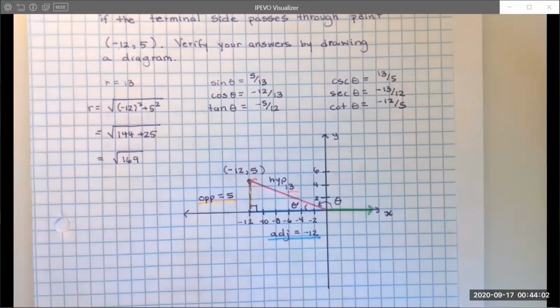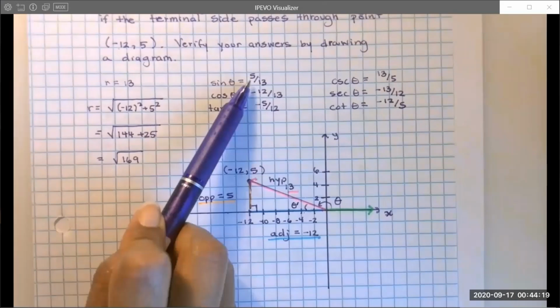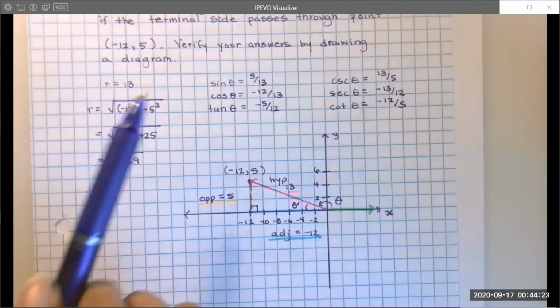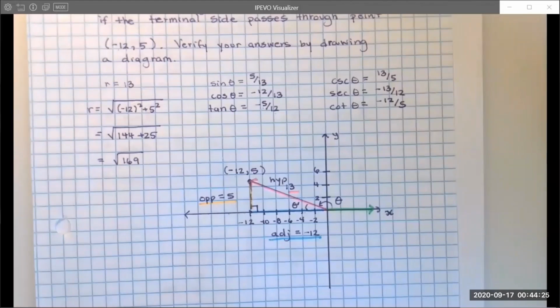All right, so now that we have this diagram, if we wanted to go and use definition 1 of the trig functions, where we have opposite over hypotenuse for sine, well, that means that sine would be 5/13, which is the same thing that we got without the diagram by using y/r. If we double check cosine, cosine would be the adjacent, which is -12, over hypotenuse, which is 13.